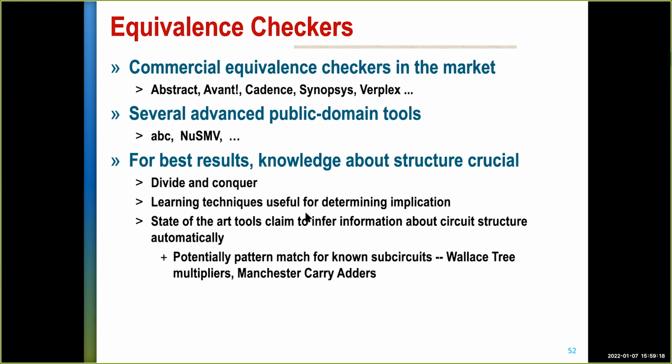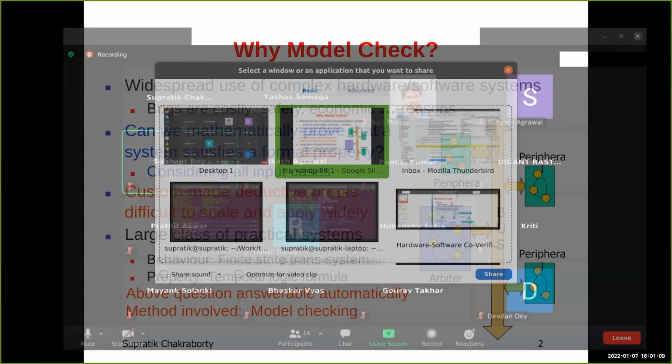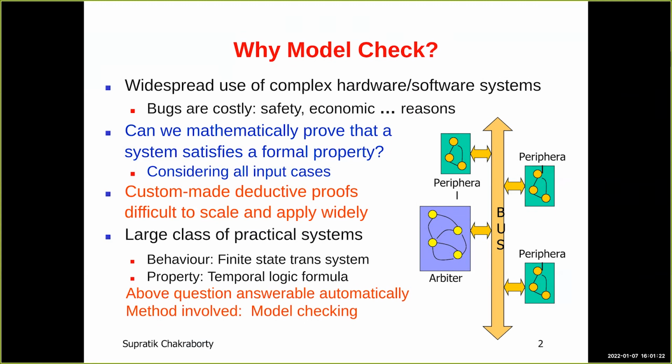Okay. Now, I want to talk about another technique which is quite powerful, which allows us to reason about sequential behavior. And for this, I will just switch to a different presentation. Just a second. So this new technique is really to reason about the sequential behavior of circuits.